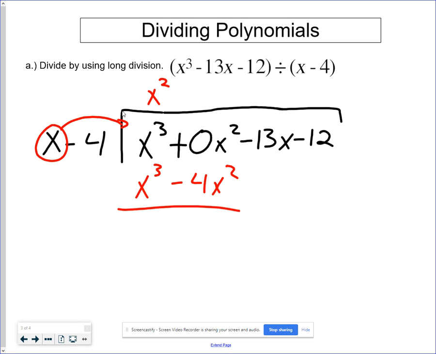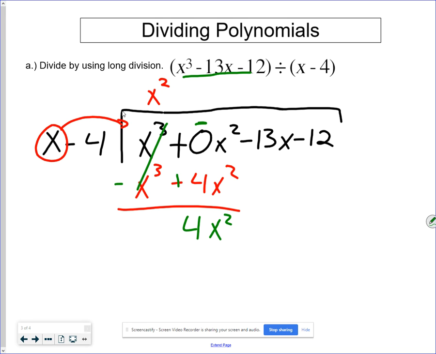Now we'll flip our signs. So our x cubes cancel, but now we have a 4x squared. So even though there's not an x squared term in this polynomial, we still have one when we do the long division. So that's why it's important to keep this placeholder term, this 0x squared.